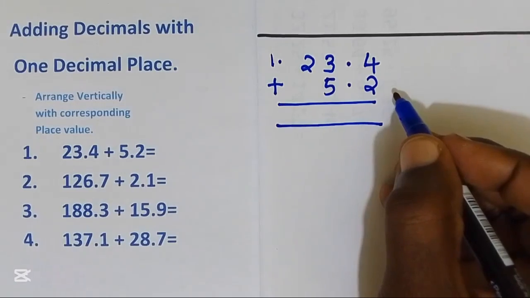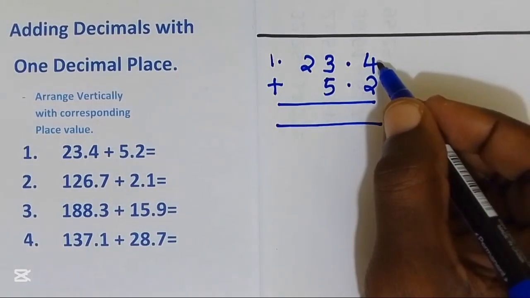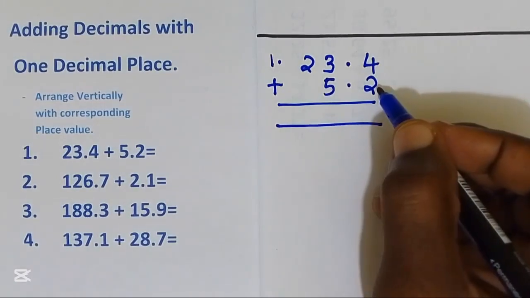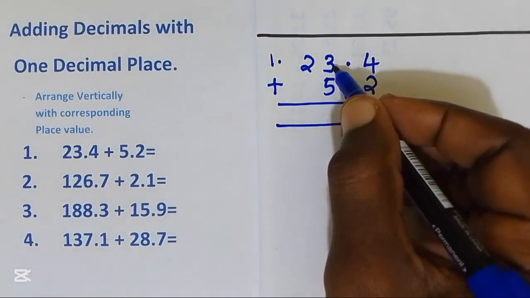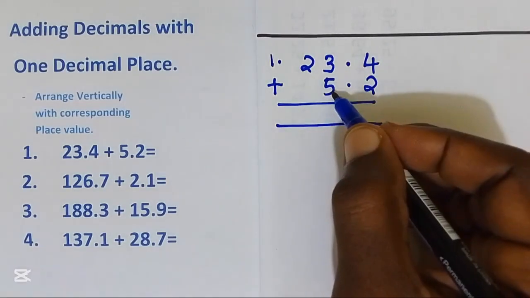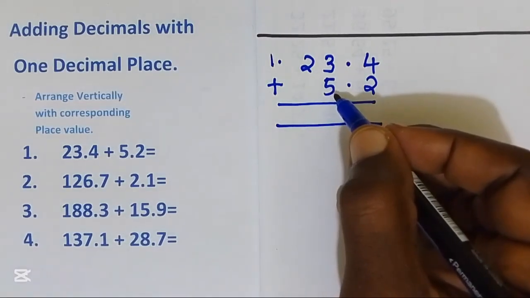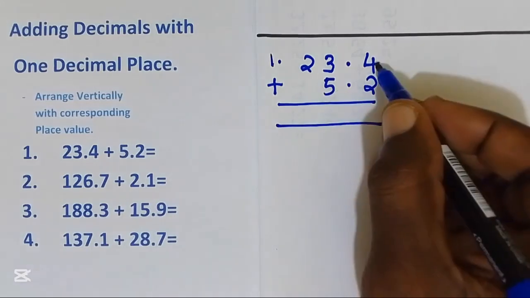As you can see, tenths are arranged with tenths, and ones are arranged with ones vertically. Let's go and add them.